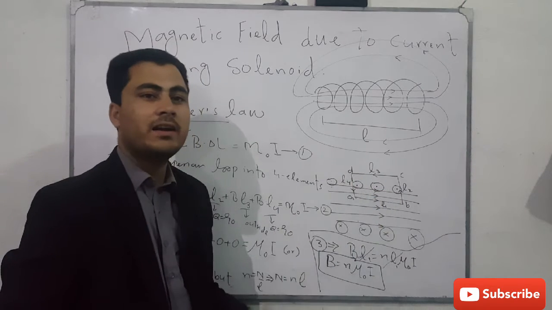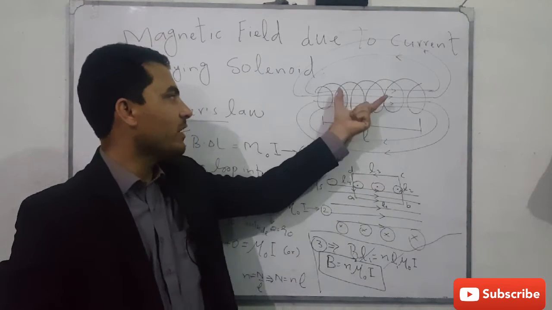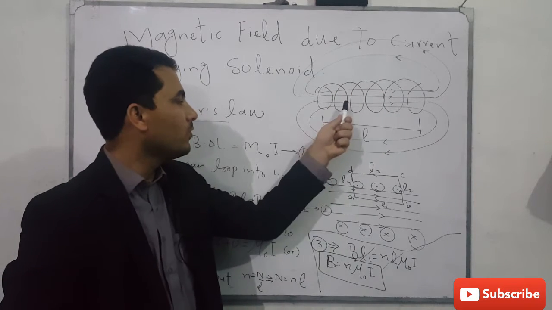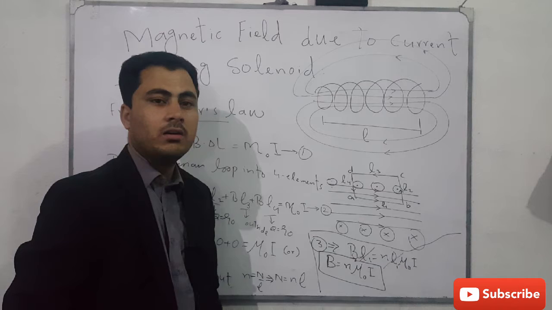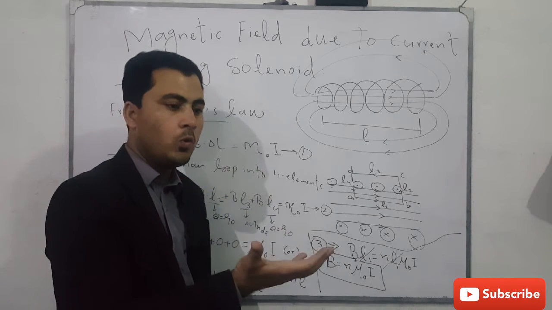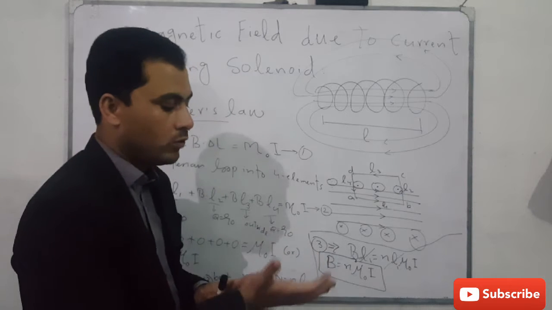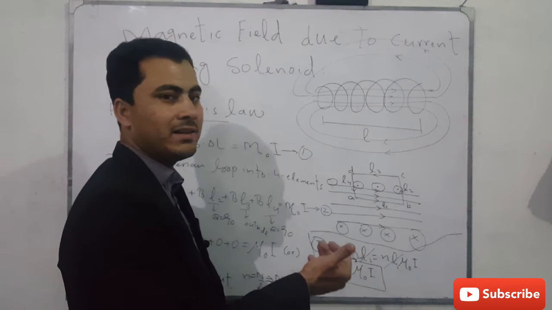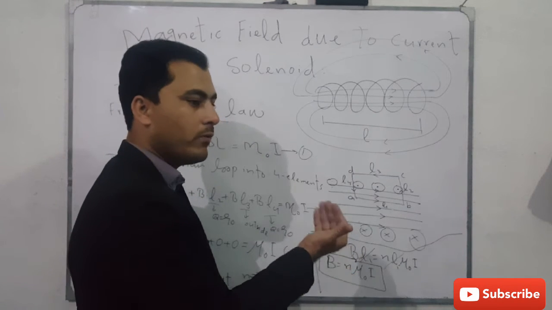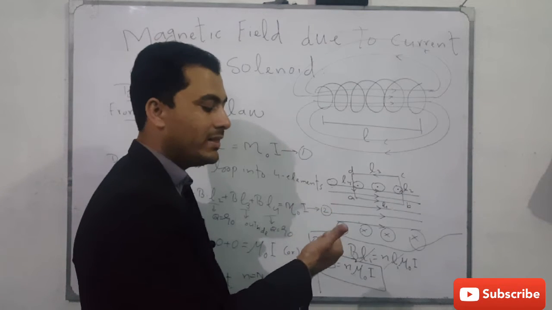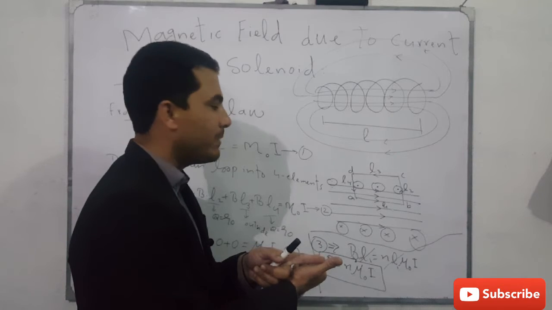For solving our problem, we can draw an Amperian loop. So how can we draw that Amperian loop? Let's simplify this diagram as well. For a solenoid, we can use the right hand rule for the magnetic field and the current. Hold your right hand in such a way that the curled fingers represent the current, while the thumb represents the direction of the magnetic field.